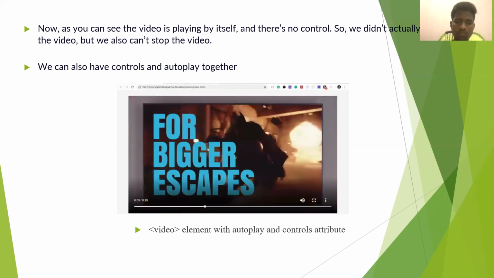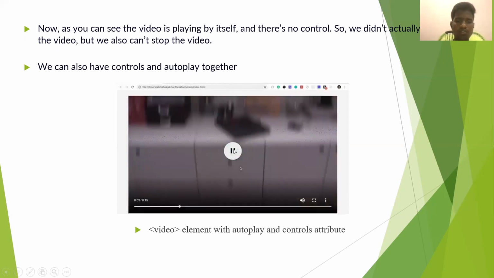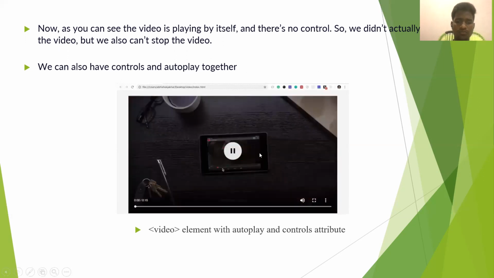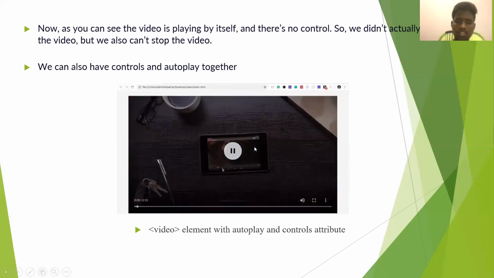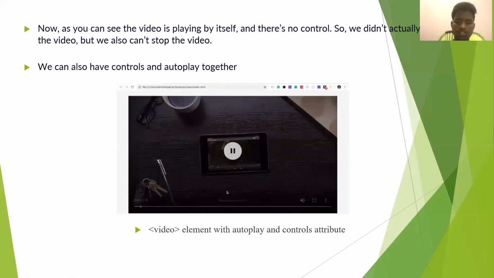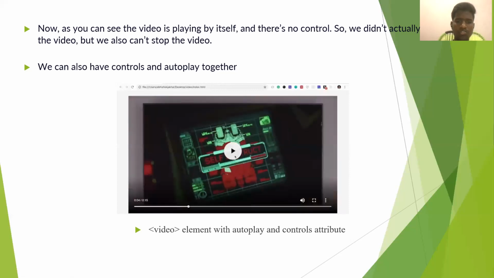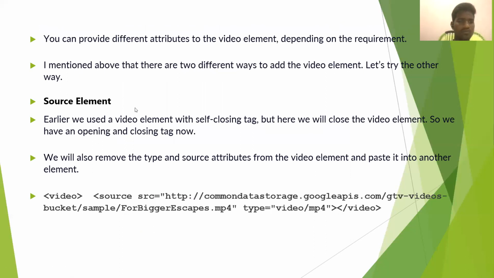Whenever we want to stop this video, by using the controls, we can stop it, and whenever we want, we can play it again. Here we have three elements: video, autoplay, and the controls attribute. So we can manually stop it, and it will automatically play whenever we open the web page.